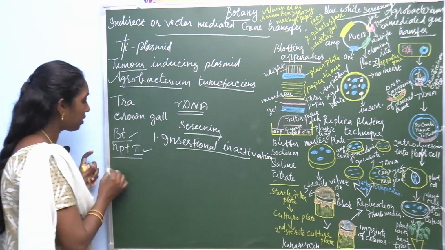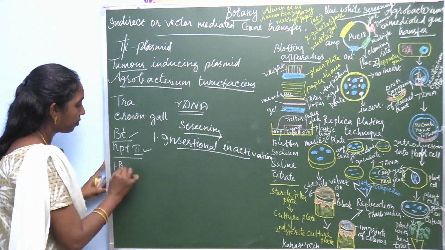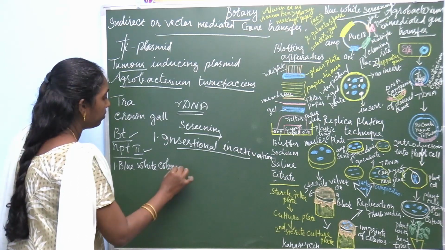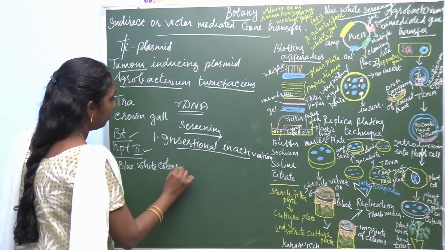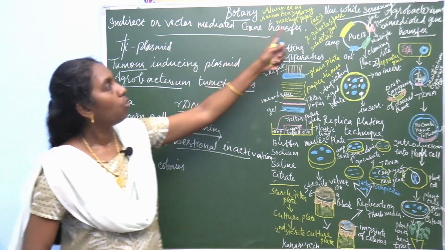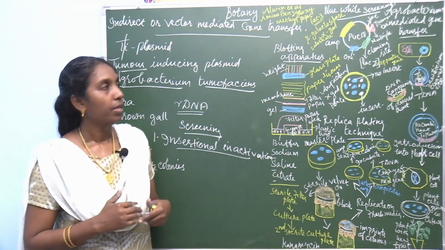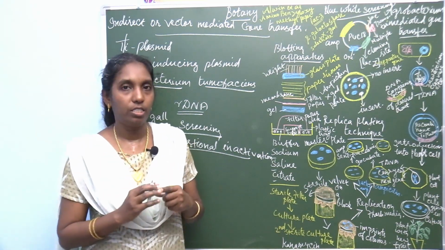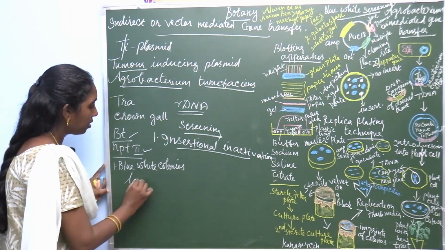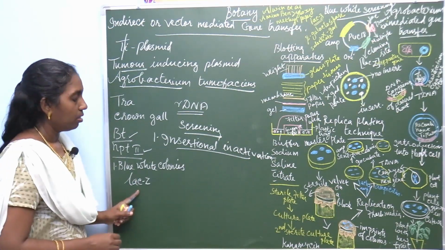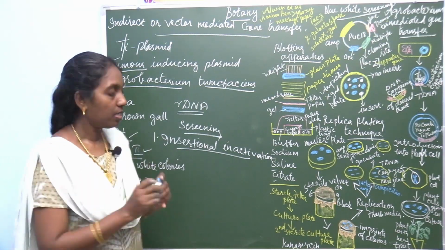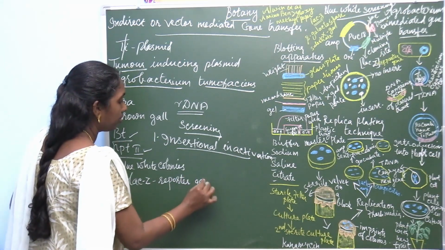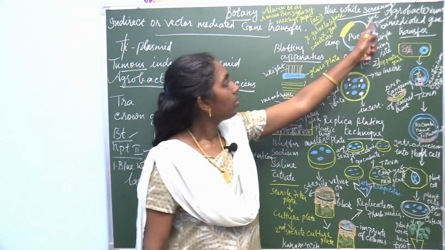The first method is blue-white colonies, or the blue-white screening method. Here there is a reporter gene called LAC-Z. Look at this diagram.